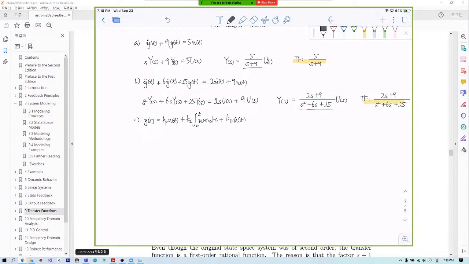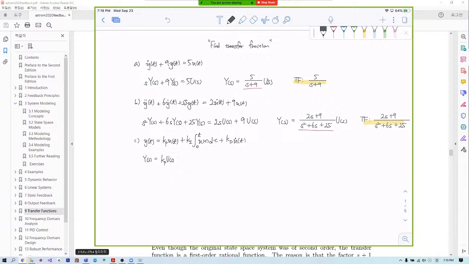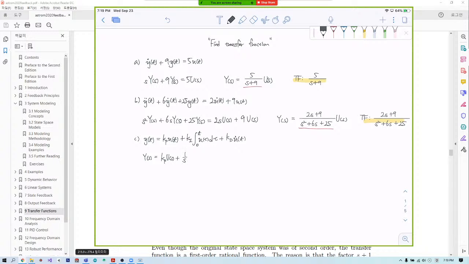Okay, again, let's take the Laplace transformation. Y of s equals Kp times U of s plus, what's going to happen if we integrate in the time domain, in the Laplace domain? Taking a derivative is multiplying by s, so taking an integration is dividing by s. So we're going to have 1 over s times Ki times U of s plus s times Kd times U of s.